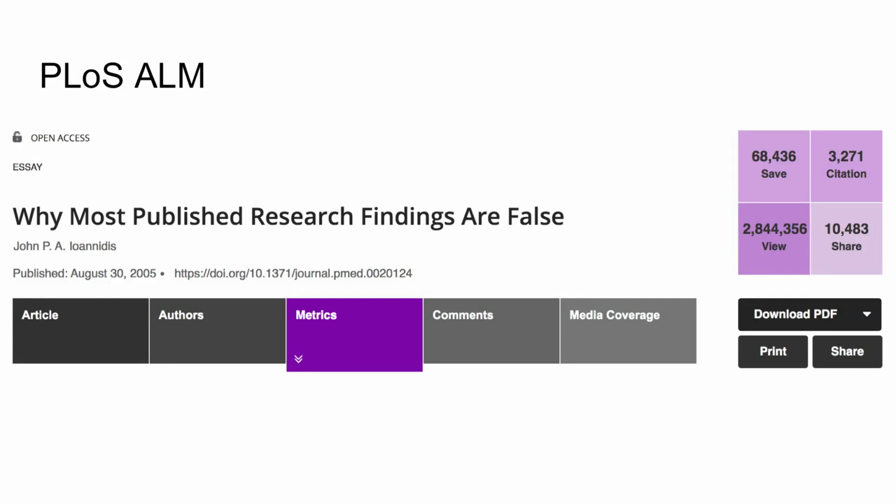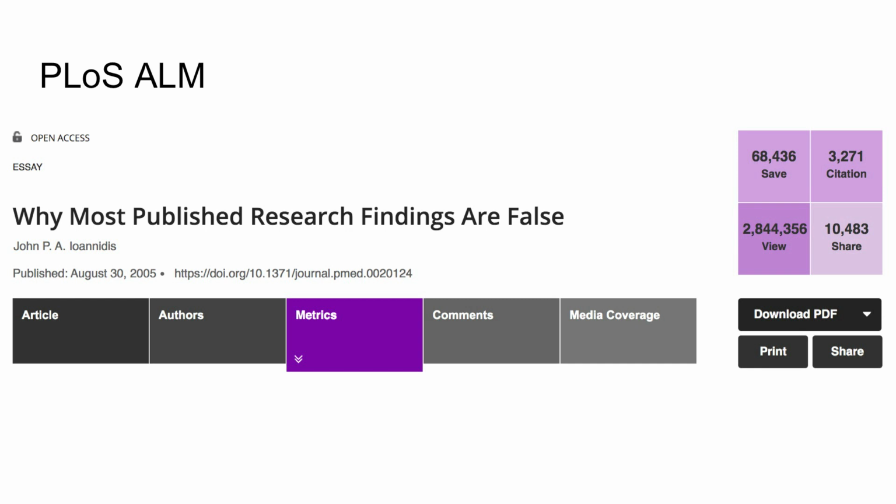The fourth one is the PLOS ALM. Many of us would know about PLOS, the Public Library of Science, the famous open access mega journal, the gold open access mega journal. PLOS uses its own article level metrics. ALM here stands for article level metrics, and this is a good example of a 2005 article, showing you the metrics.